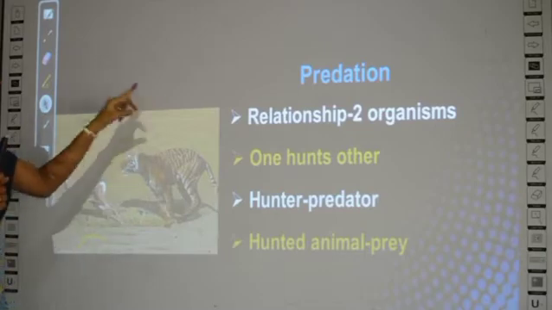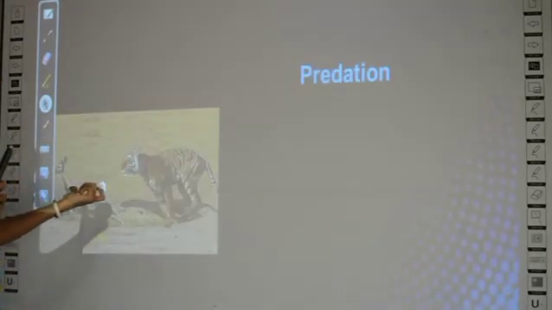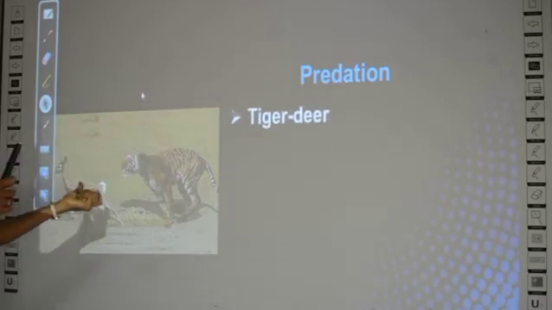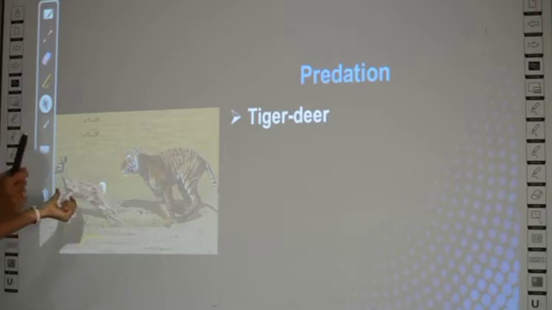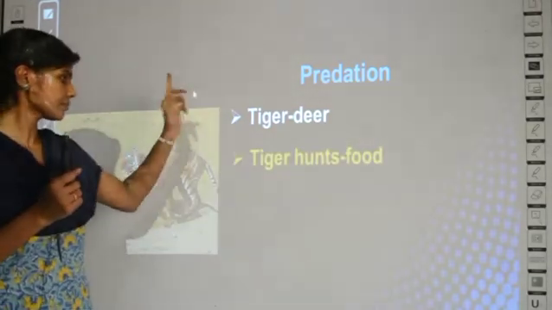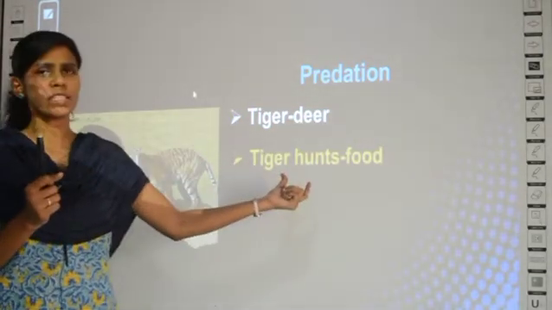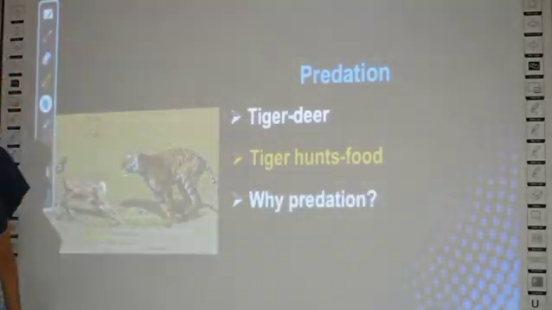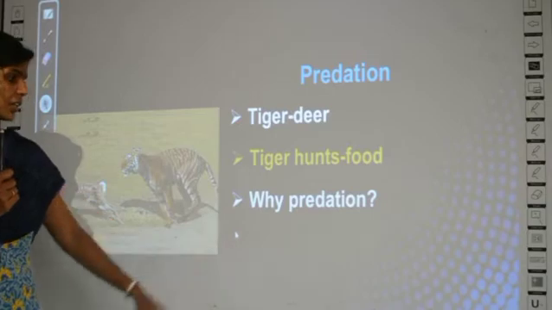What is the example for this? See, the picture is given. The relationship between a tiger and a deer. Can you see what is happening? The tiger is hunting the deer. The tiger hunts the deer for its food. So who is benefited here? Why predation here?